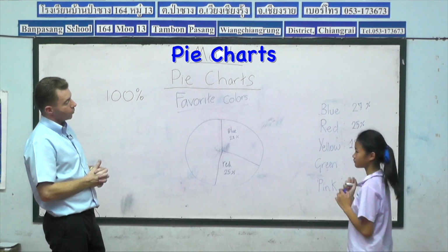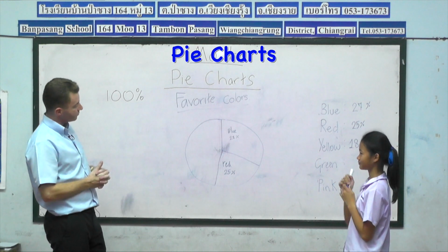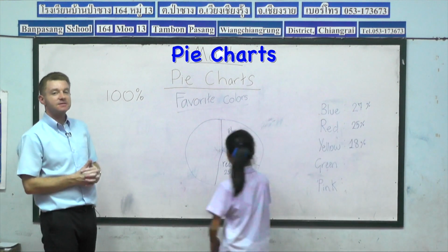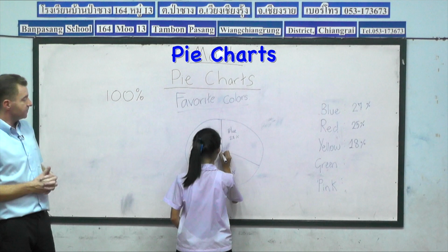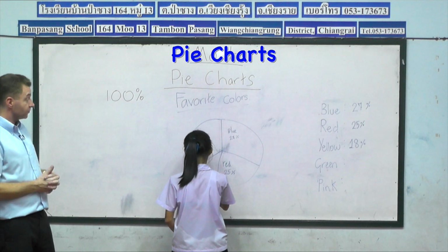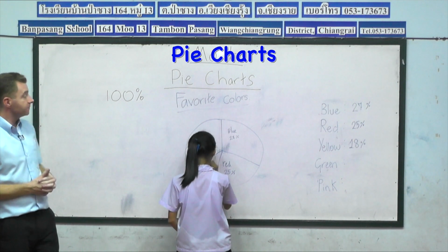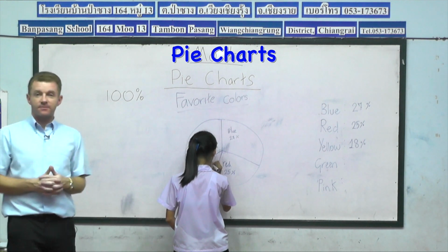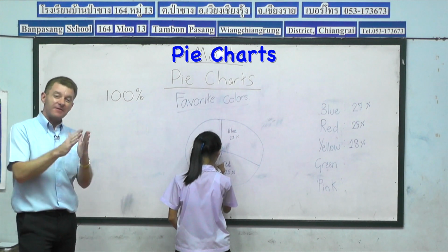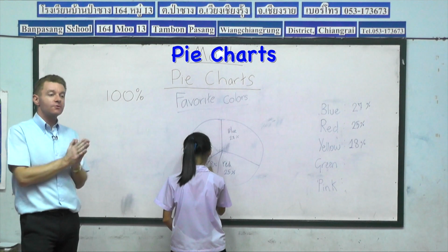And then what we need to do is do a slice of pie to represent around 18%, so just less than 20. That looks good to me. And then we can complete it. Yellow, 18%. The slices of pie only need to be there or thereabouts because our students are estimating.